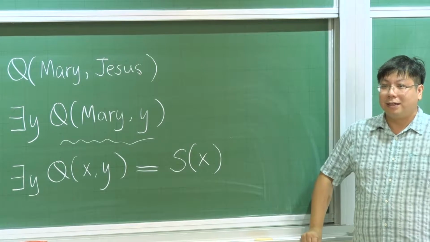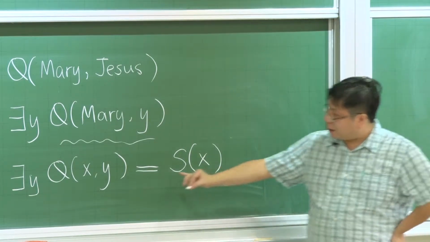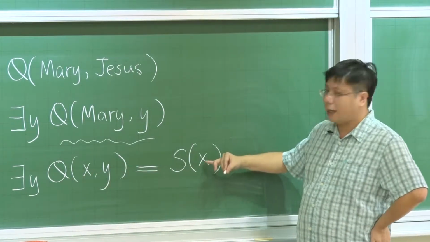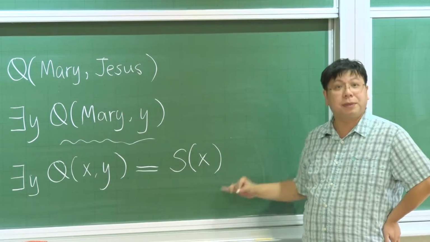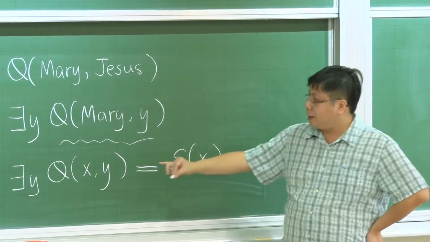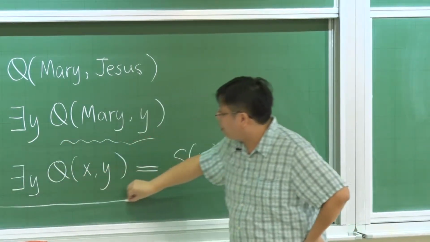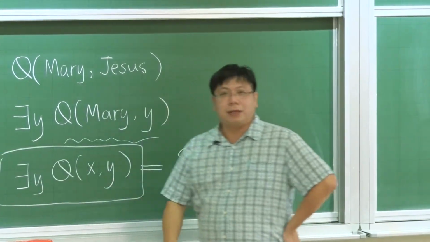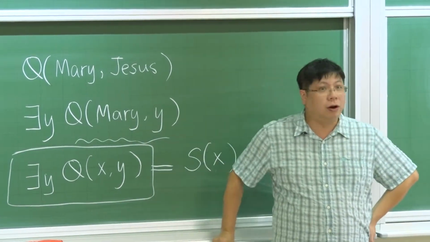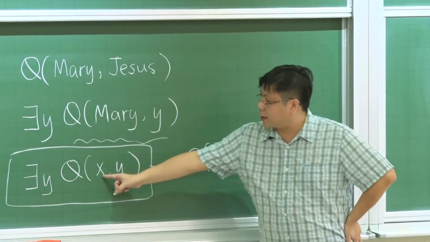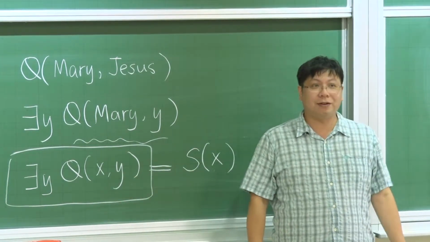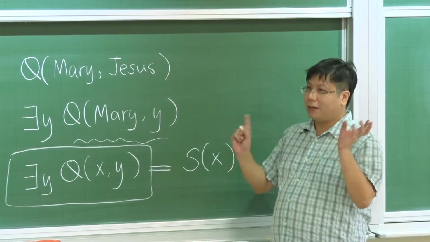Once I insert x inside, it becomes a proposition. So this one itself is a propositional function, but the variable is now just x rather than the original x and y for Q. Is that okay? This is a rather interesting concept.